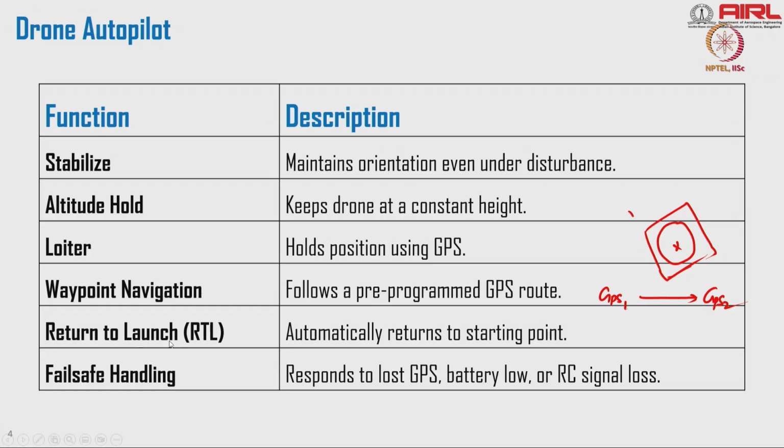That's what we call return to launch. You need to understand the functions and how the functions are going to be transferred. Suppose you travel from a point A, go to a certain height and travel halfway through, and I'm aborting the mission. Then the drone has to come back to the same point and land, right? So this function is very important.